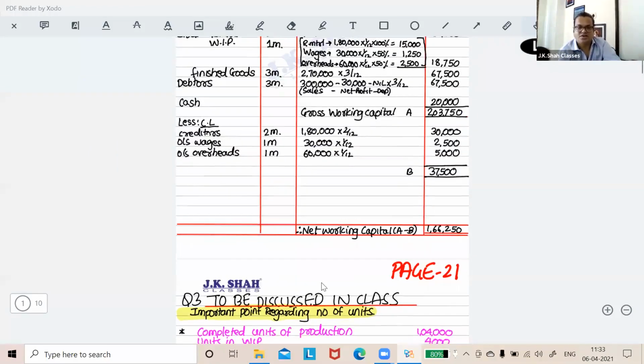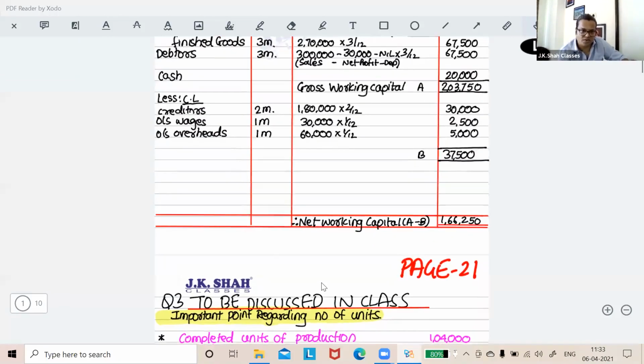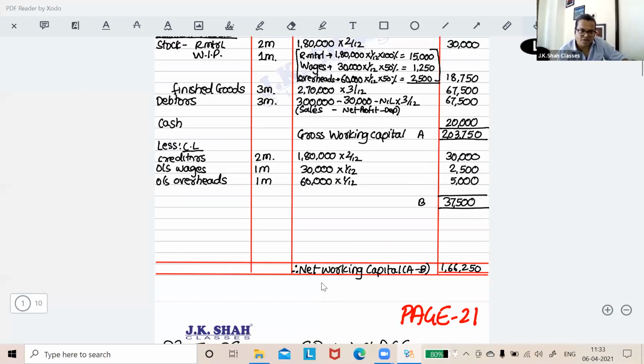Okay, fine. I'll do one thing. I write the note over here, so whenever you take a screenshot, it will be complete. In the absence of information, estimation is done on which basis? On cash cost basis. What is the alternative available?